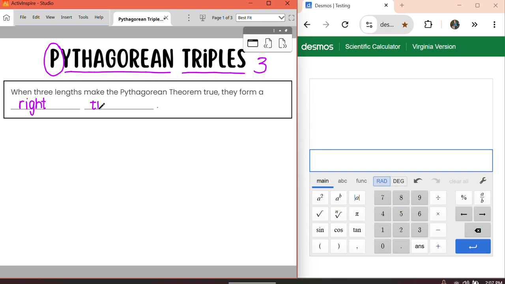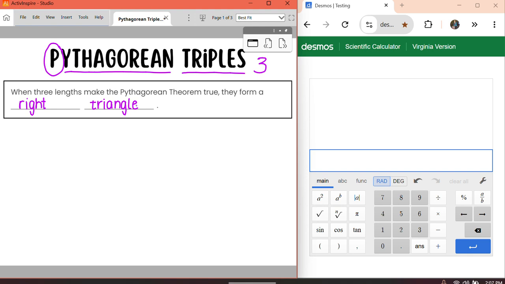So we're going to be giving you three lengths, and your job is going to be to decide, could I make those three lengths into a right triangle? Is it possible, or would it never work no matter how I arrange them?